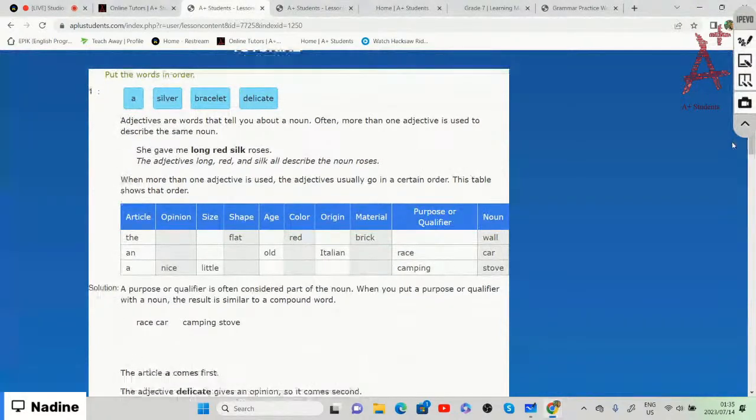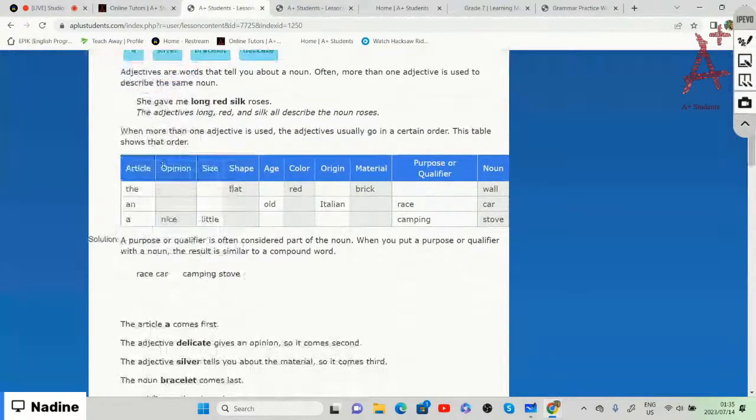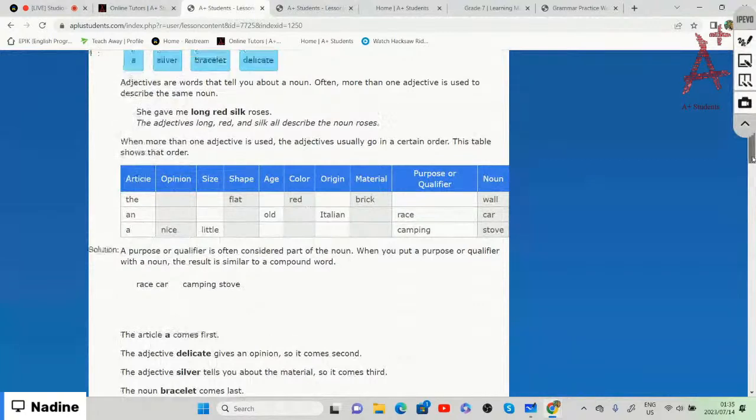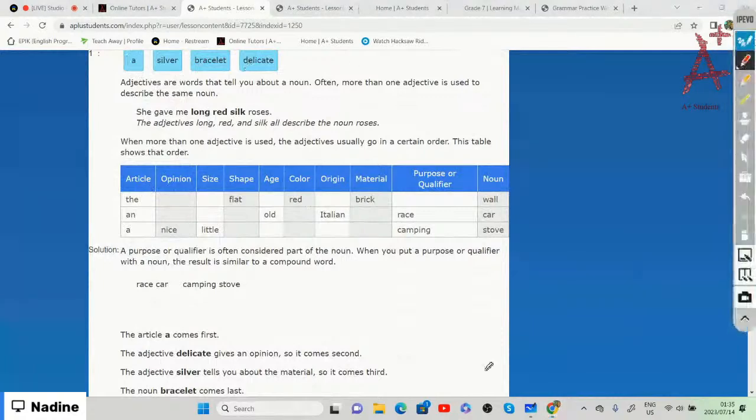So, a silver bracelet delicate. What do we call this table that shows the order? We need to specifically look at the order in order to put these words in the way they need to be written or described. Of course, A is the article that will come first, so you're going to say A. Do we have an opinion?